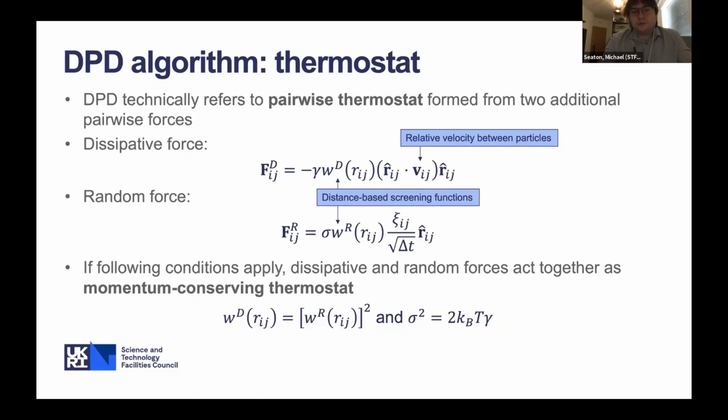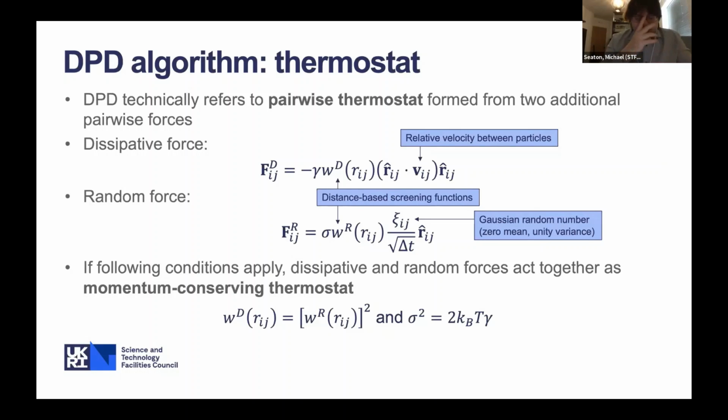For the random force, instead of that dot product of unit vector and relative velocity, we have this term, I think it's called xi, which is a Gaussian random number. It's a random number that fits a Gaussian distribution with zero mean and a variance or standard deviation of 1, which we then divide by the square root of the time step we're using for integrating our forces. That random number and square root of time step together give what's known as a Wiener increment, but we don't necessarily need to know about that now.